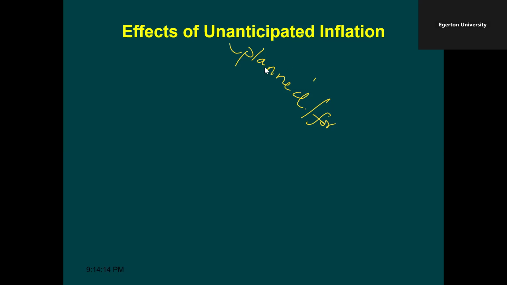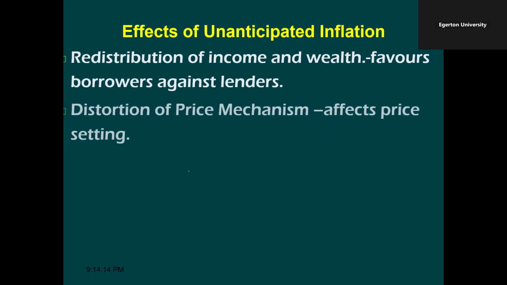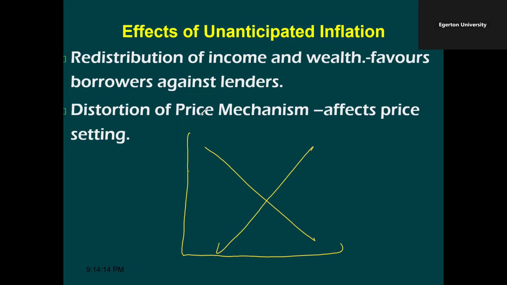We talk about it basically being a negative thing, because when you talk about redistribution of income, when you talk about it from an economic point of view, perhaps the most serious thing is the distortion of the price mechanism. Remember in chapter 2, when we talked about the forces of demand and supply being allowed to set the prices of goods and services.